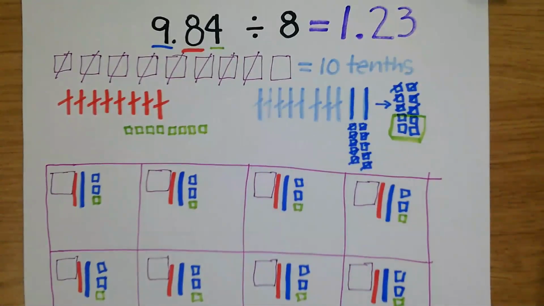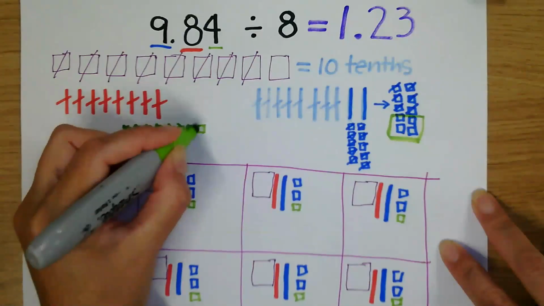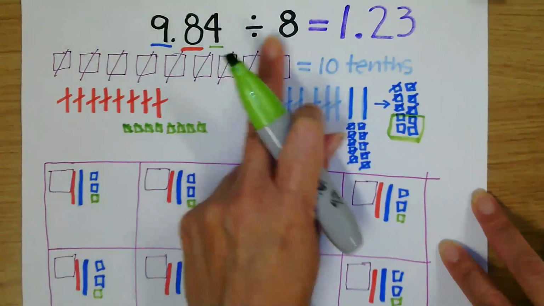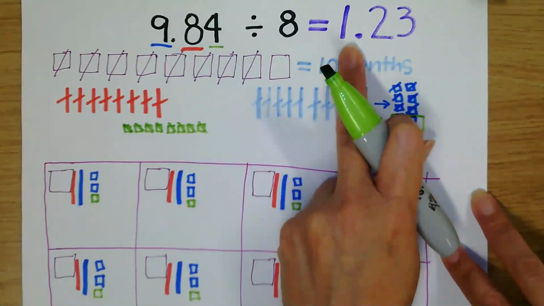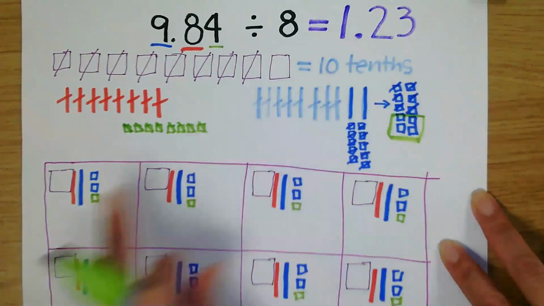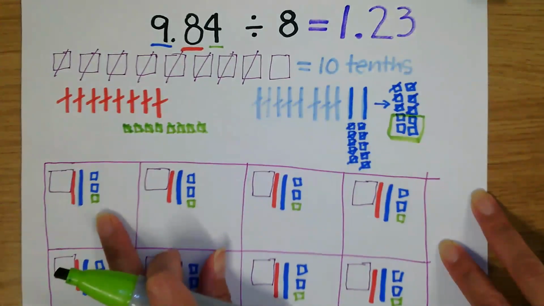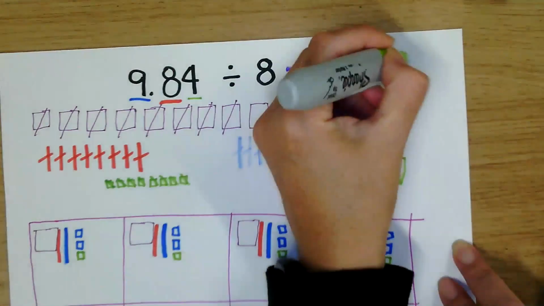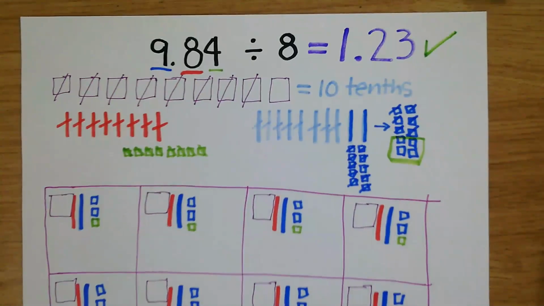At the end, the result of this division is 1 whole and 2 tenths and 3 hundredths, or 1 and 23 hundredths. This is the answer of slide number 13 in your Google Slides.